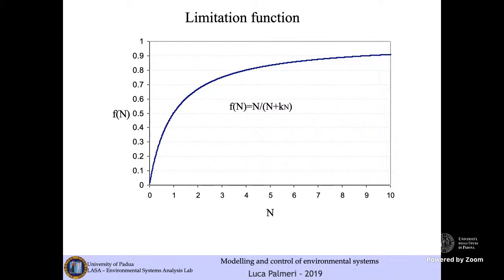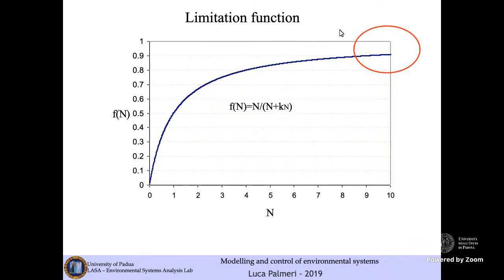We may write the limiting function of the concentration of nutrient as this, which has a saturation effect, meaning that while nutrients tend to grow, taking the limit for N that tends to infinity of this function, you obtain exactly 1.